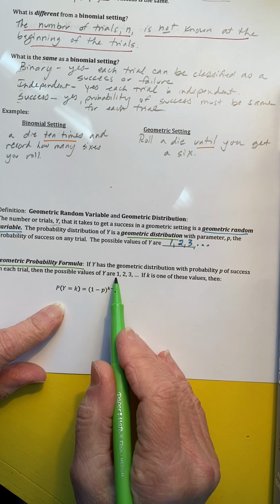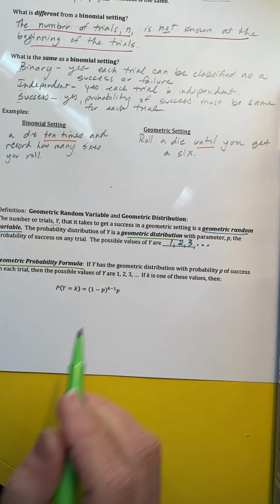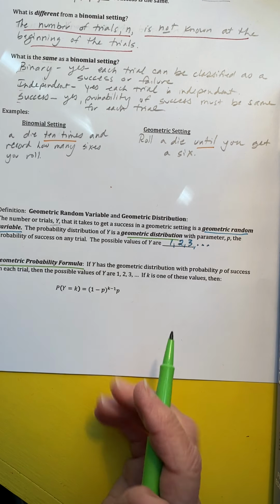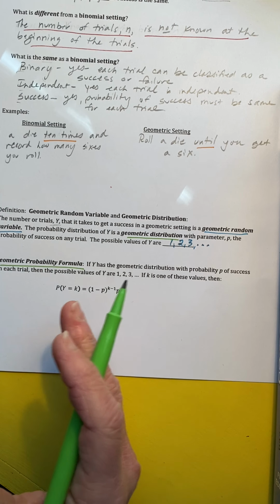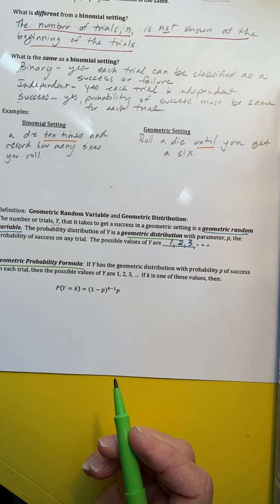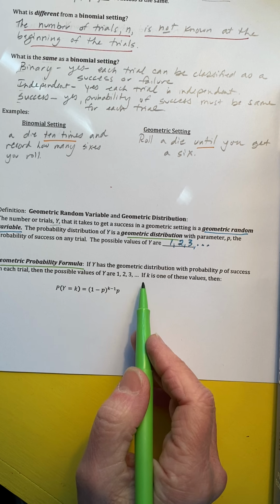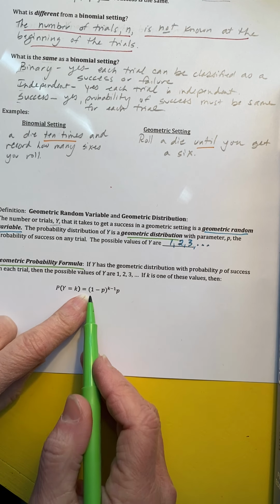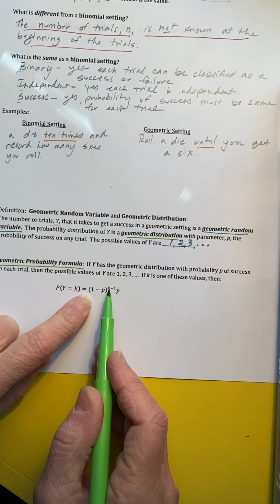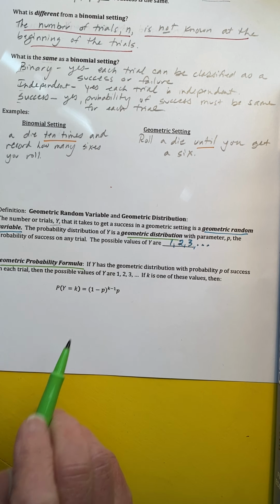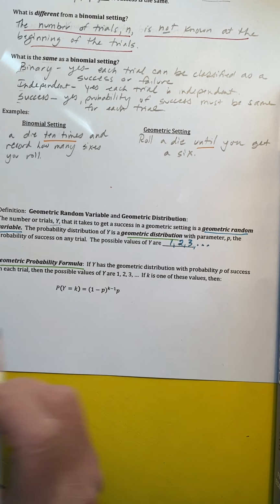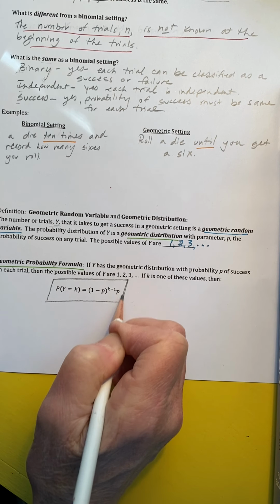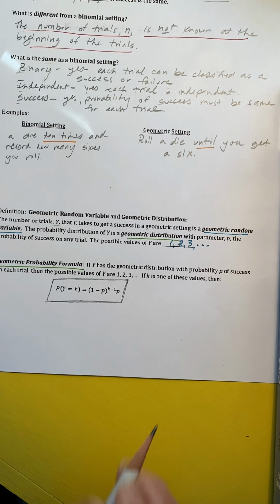But if k is one of those values, so k represents, it's similar to the binomial, but you're sort of saying, I'm just trying to figure out how long it takes to get that value, not that I'm doing 10 trials and what's the probability it came out a certain number of successes. So if k is one of those values, then the probability that y equals k is equal to this, (1 minus p) to the k minus 1 times p. So this is your main formula that you're going to use for homework, although you're going to have some that you need your calculator for as well. I'm going to show you how to use this formula on the back.